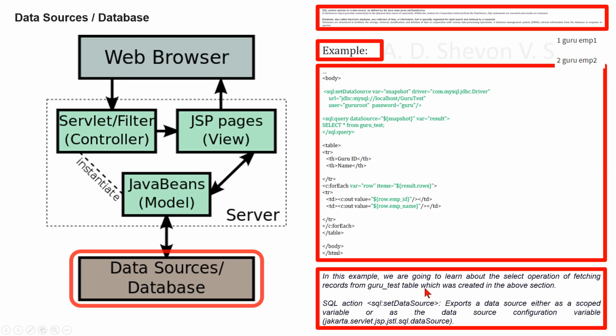Here we are printing the output for employee ID and EMP name, which are fetched from the results of the query.